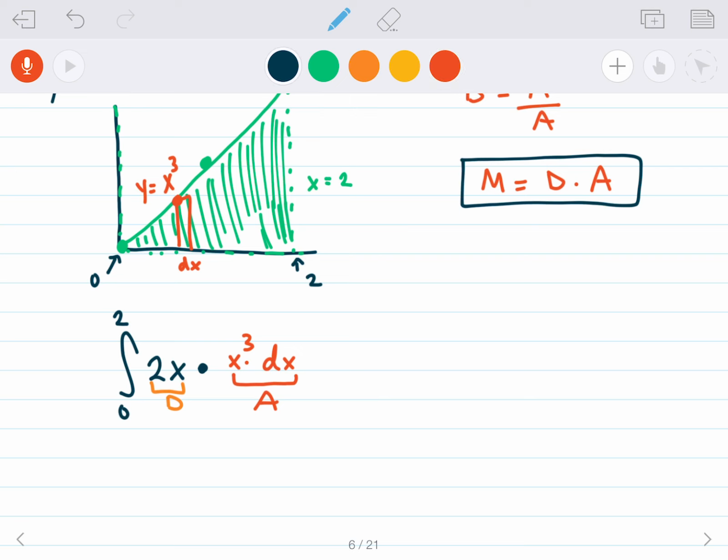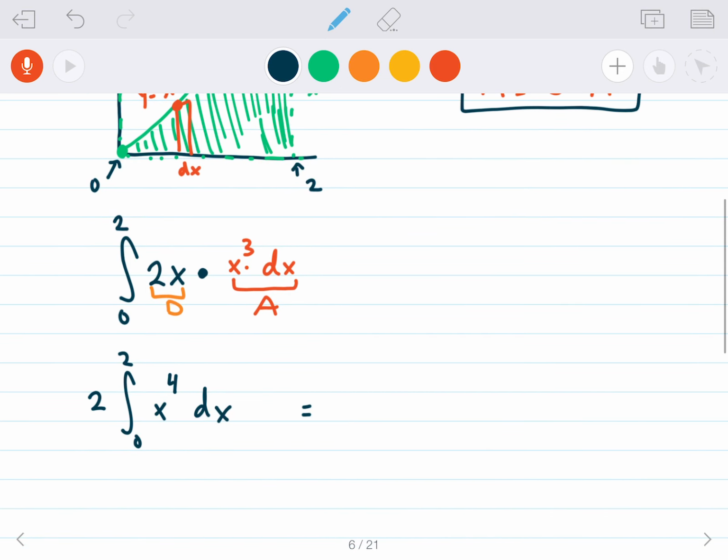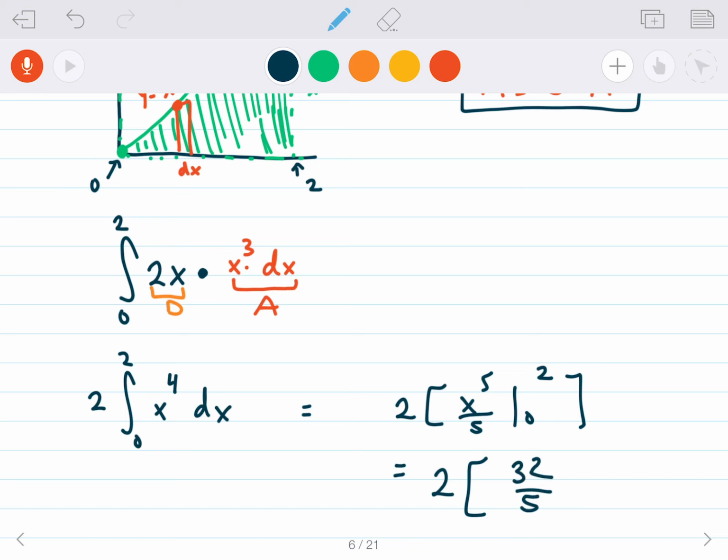Okay, so first of all, I can pull out that 2 in the front. And I end up getting x to the 4th dx, which is easy to integrate. This just becomes 2 times x to the 5 over 5 from 0 to 2. If I plug in 2 in here, I get 2 times 32 over 5.